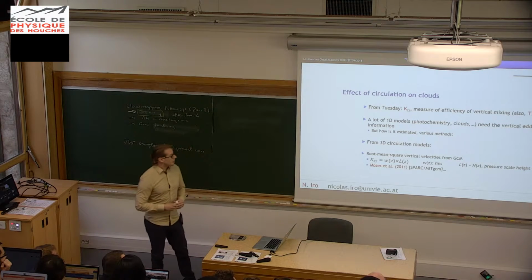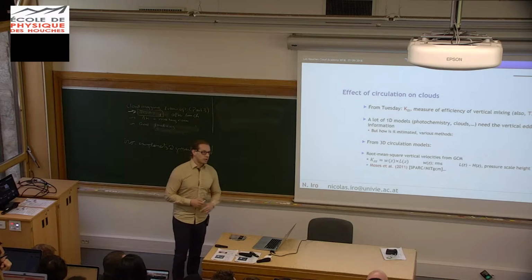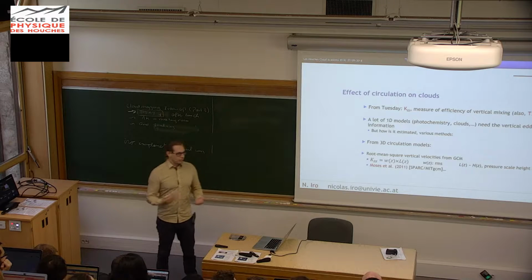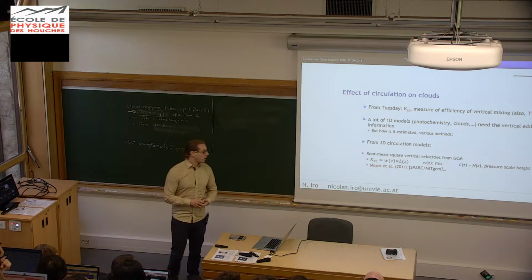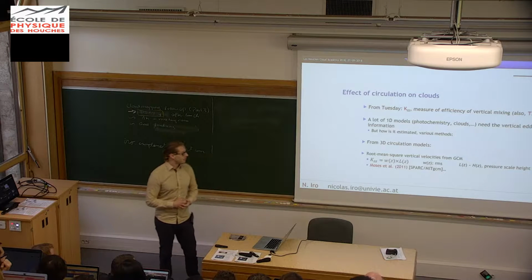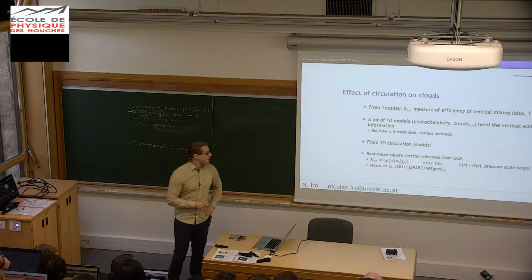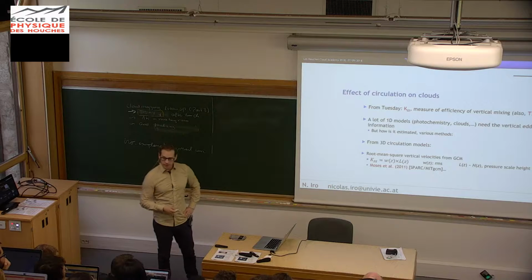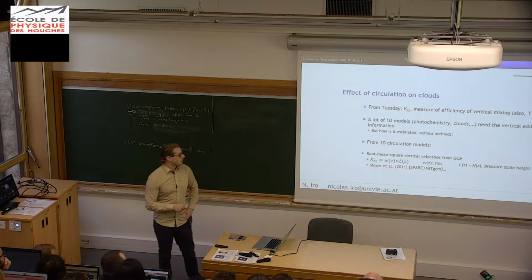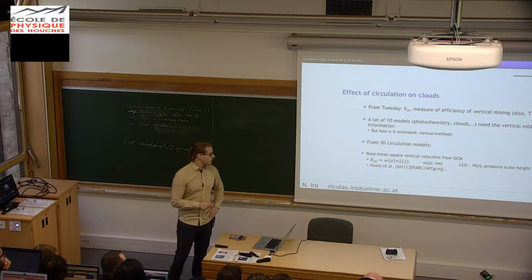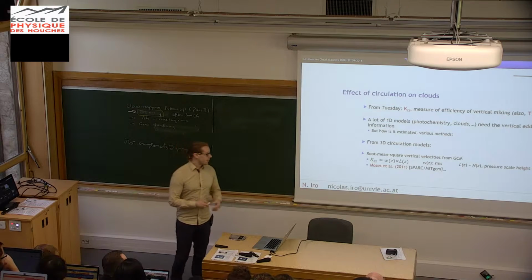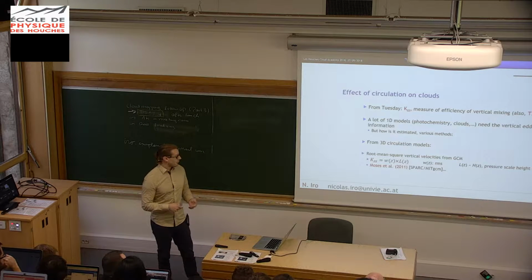Another effect of circulation, not directly on clouds, but on how we approach cloud modeling, is this famous Kzz that we have talked about since Tuesday, and Ted talked nicely about the calculation of this coefficient. That's really to evaluate the efficiency of the vertical mixing.